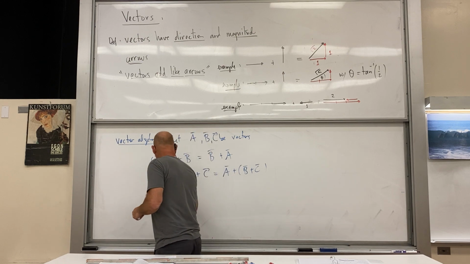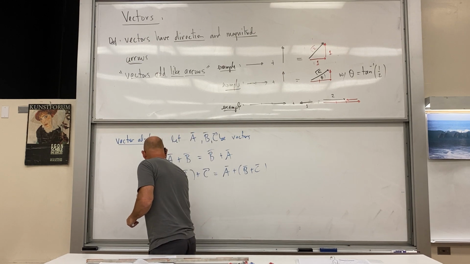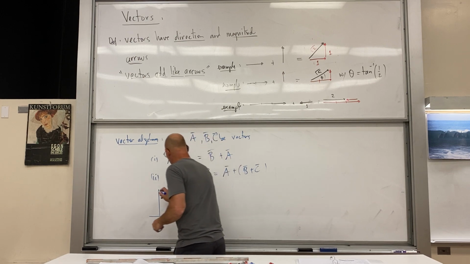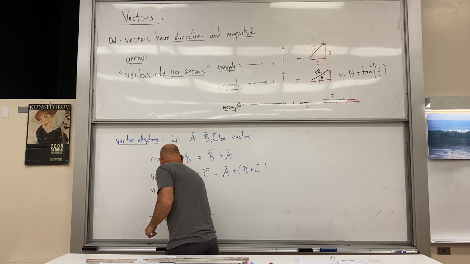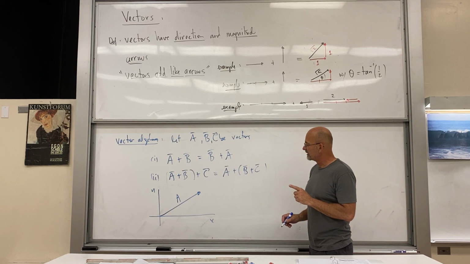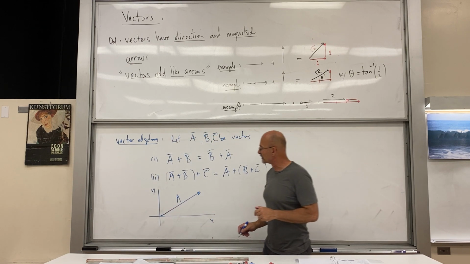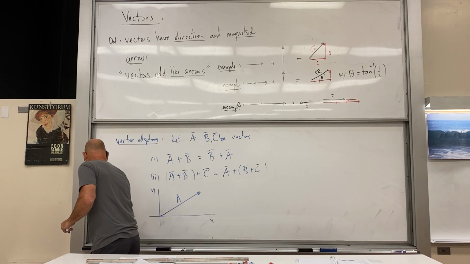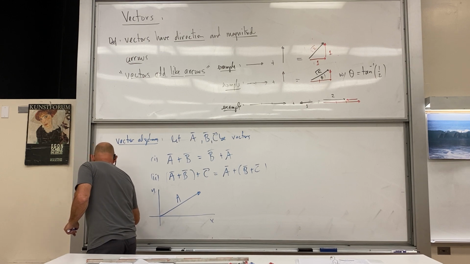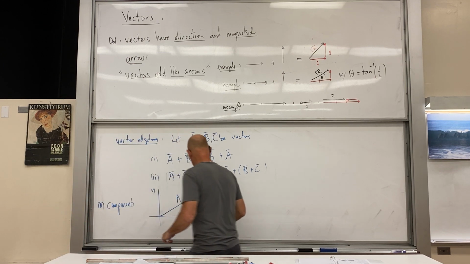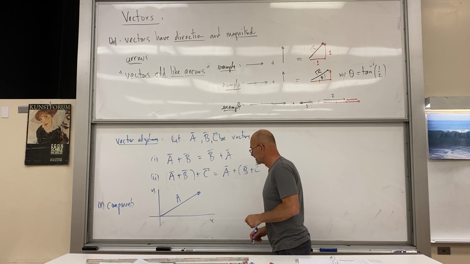Now we have components. If we put a vector in a coordinate system, and the vector here is A, then we can talk about components of vectors as well.